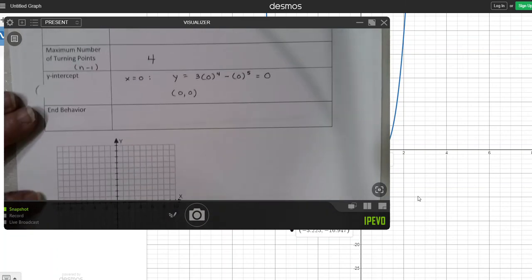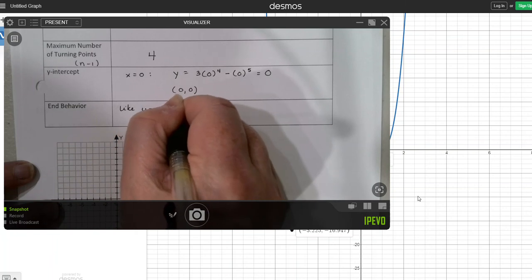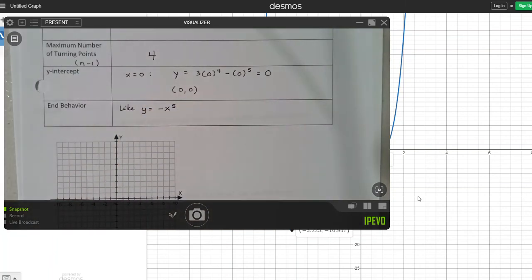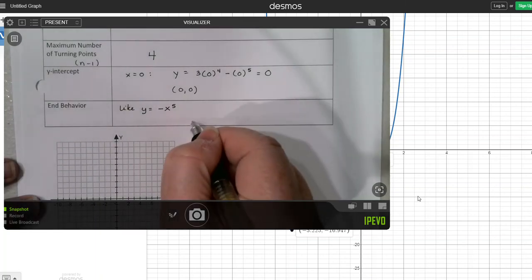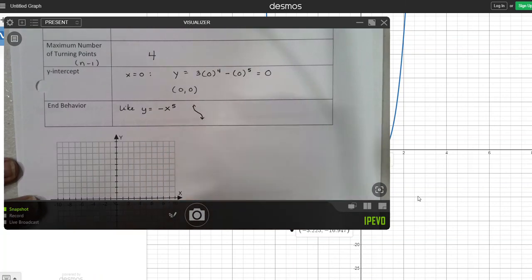So really like y equals minus x to the 5th. Normally our odd powers are the waves that are up to the right and down to the left. Because of that negative, I'll reflect that, meaning it would be up to the left and down to the right.